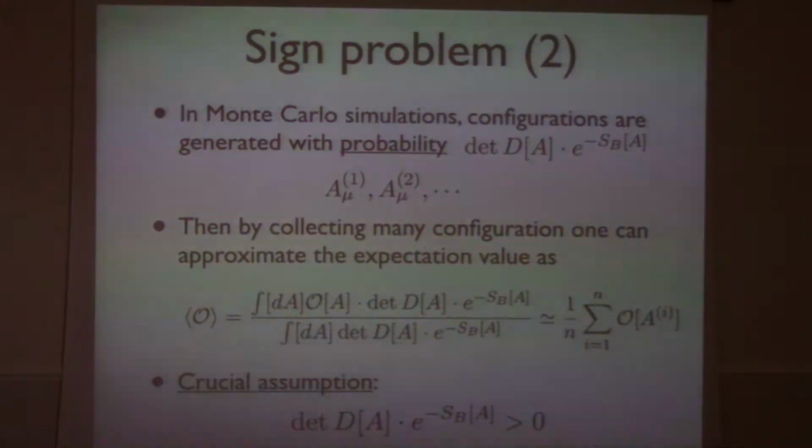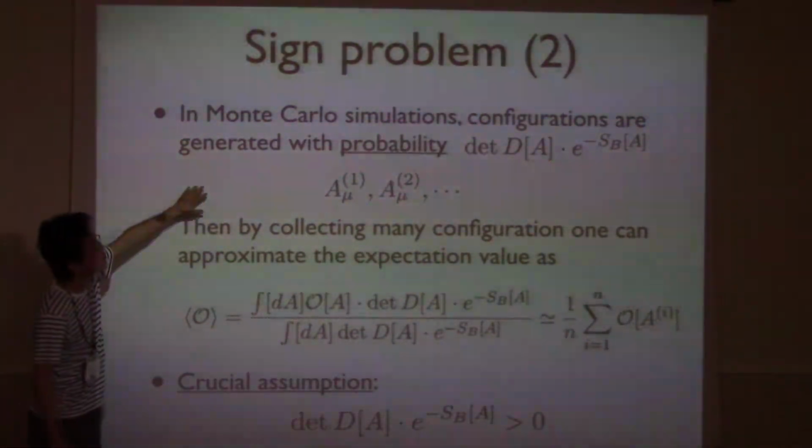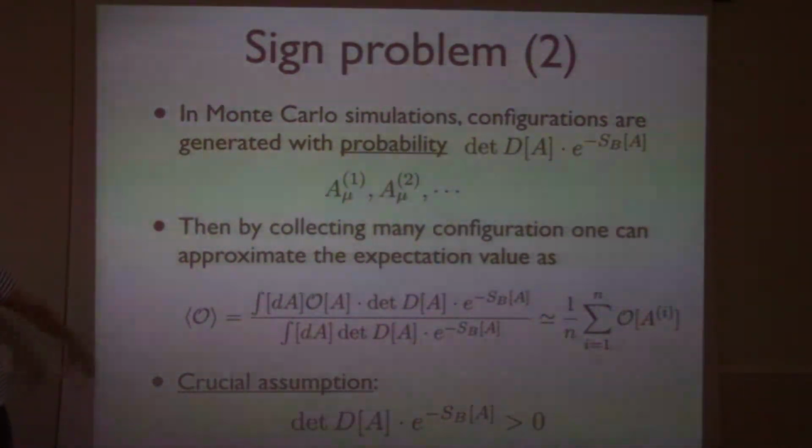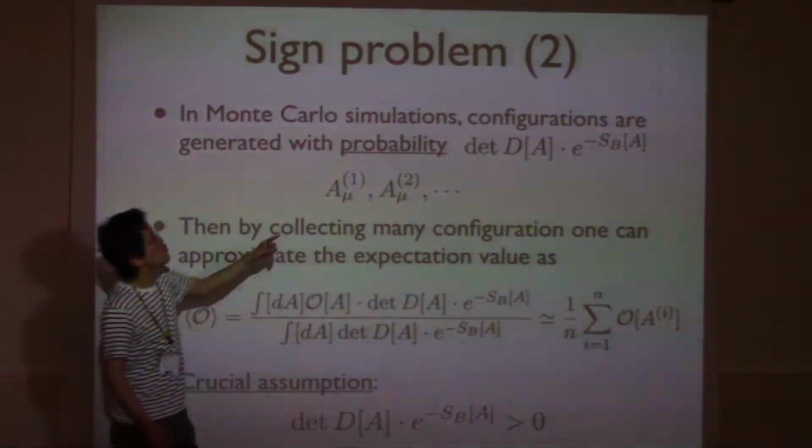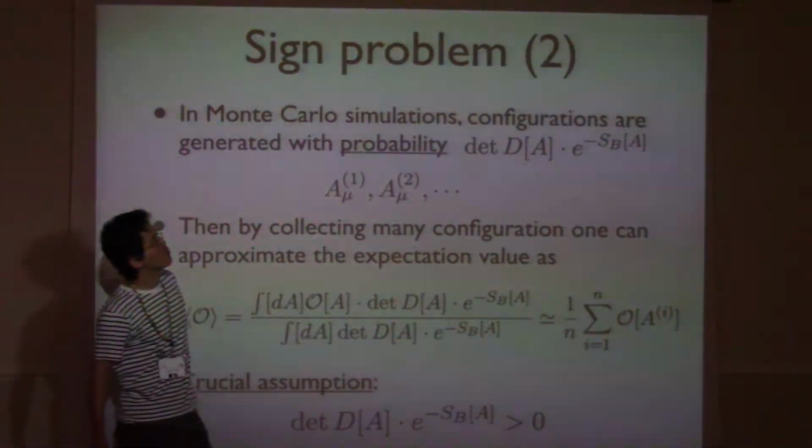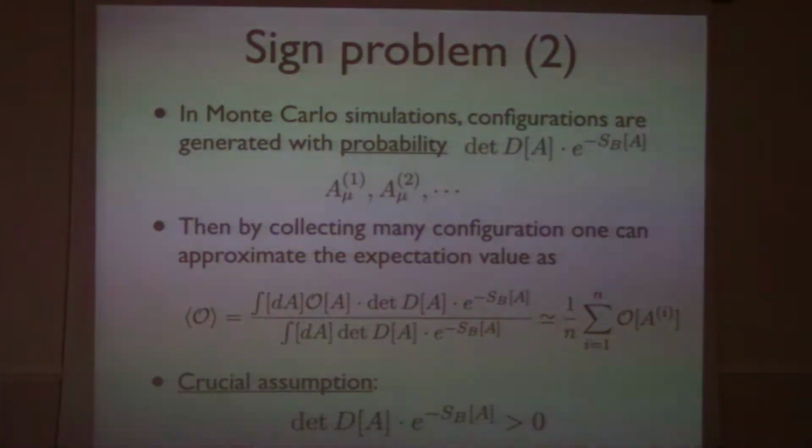As I explained before, I don't have to repeat the same thing, I think. But this is a slide I used before. So why was that a problem? Because we want this integral weight to be a probability. But this expression is actually crucial.